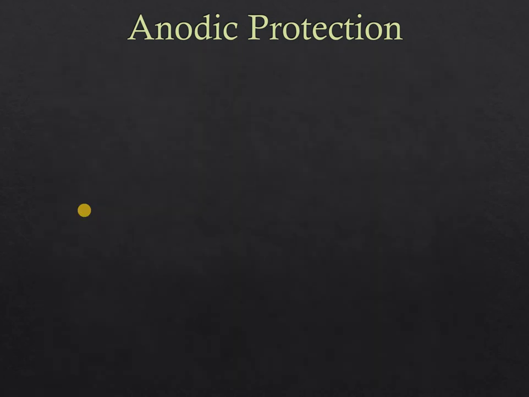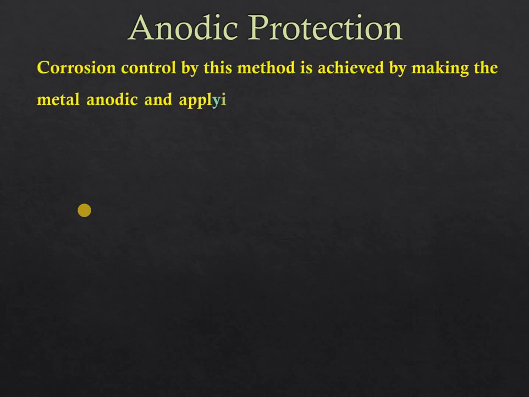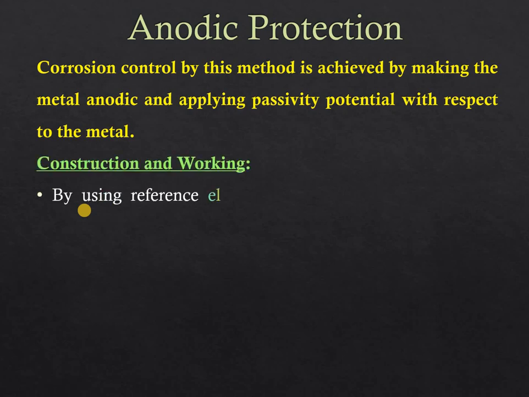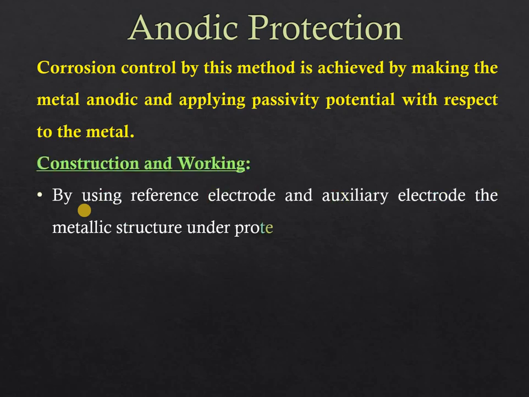Now again we will see the construction of this anodic protection. Corrosion control by this method is achieved by making the metal anodic and applying passivity potential with respect to the metal. Construction and working: by using the reference electrode and auxiliary electrode, the metallic structure under protection is made anodic in nature.